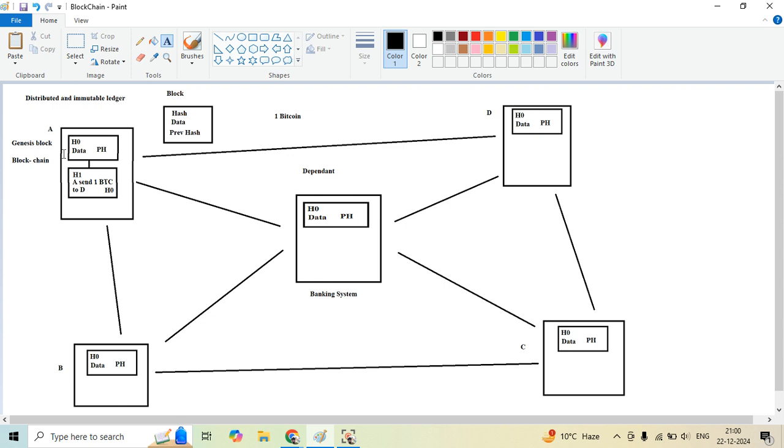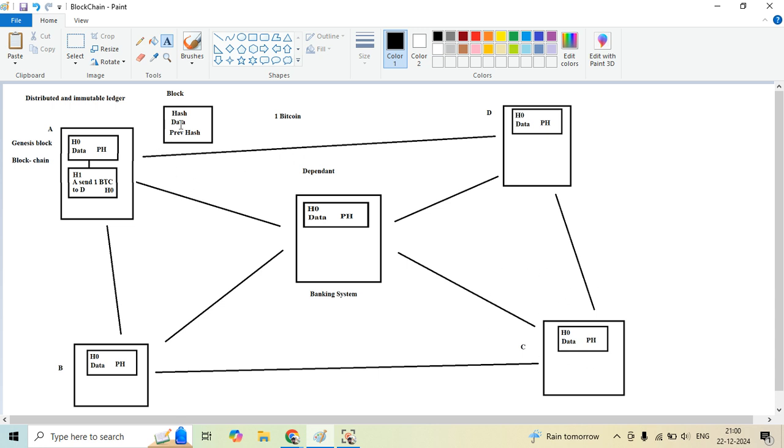Now this is only a single ledger here. When A has sent one Bitcoin to D and has added the block to its copy, there is one thing we have to do: broadcast this transaction to all the ledgers.